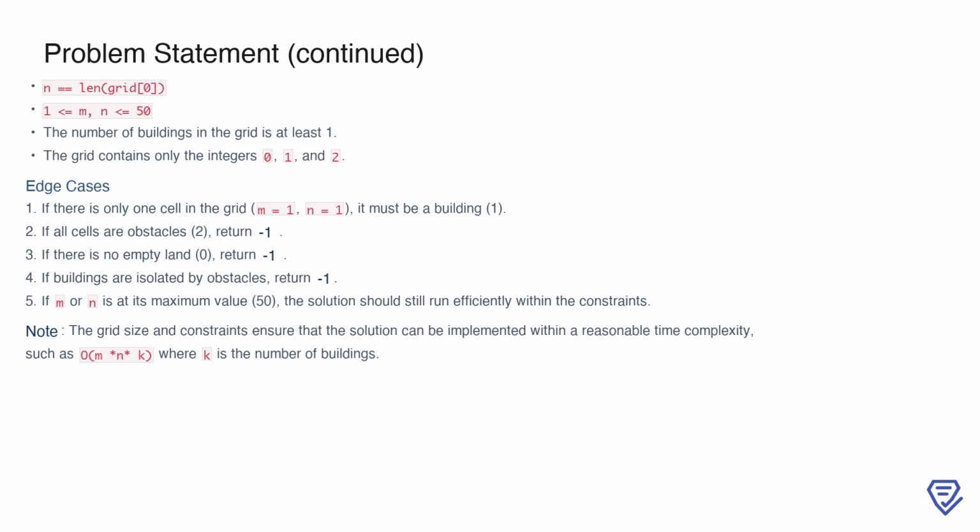Additionally, if buildings are isolated by obstacles, making it impossible to connect to them, the output should be -1. The constraints ensure that the solution can be computed efficiently, even for the largest grids, with a time complexity on the order of O(m*n*k), where k is the number of buildings.